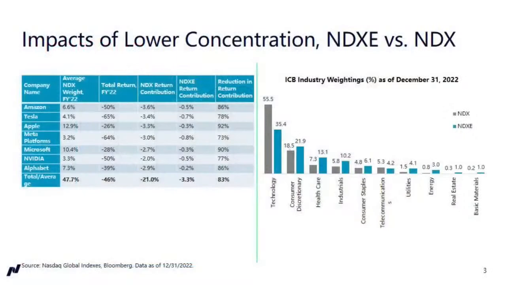And then on the right-hand side, you've got a different view, which is the sector view. Just within technology, you've got a massive reduction of concentration, from 55% in the regular Nasdaq-100 to 35% for the equal weight. You've got offsetting increases, most notably in healthcare and industrials, and even utilities, a nice bump there, which are increasingly seen today, with higher rates, as more of a value, more of a cyclical play.